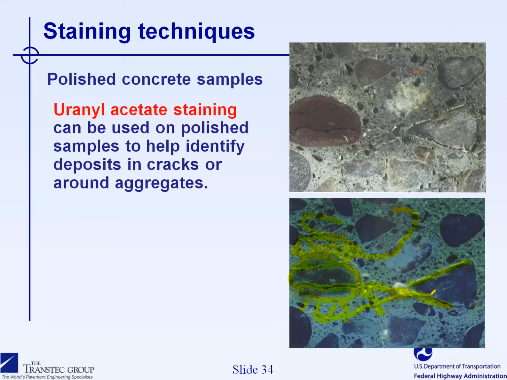Since ASR expansion is very much related to pH, by using different proportions of different types of SCMs, the pH in the pore solution will be reduced, and this will reduce the progress of ASR.